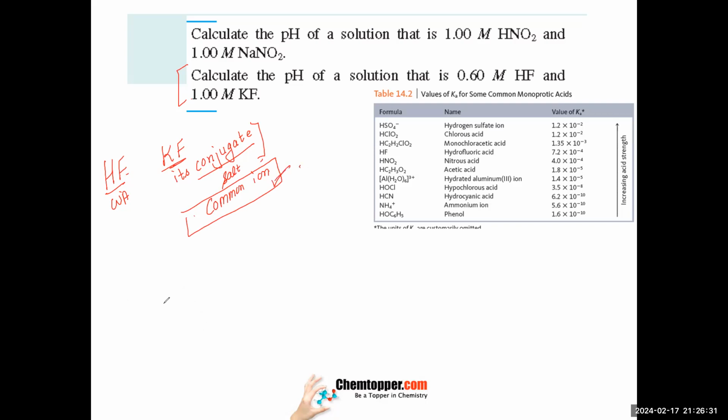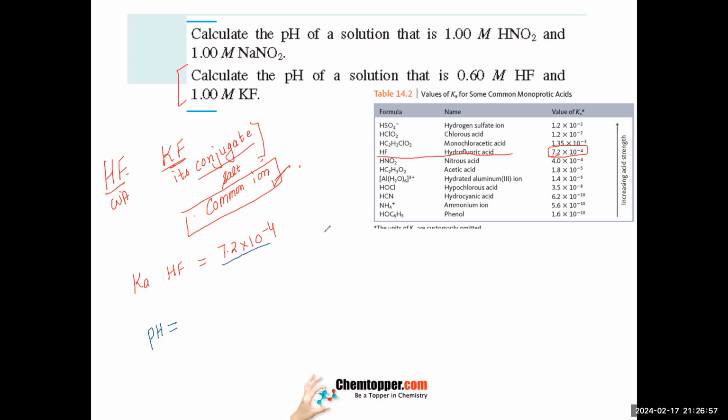So can I use Henderson? And you can see Ka is given. Ka for HF is 7.2 times 10 raised to power minus 4. Now let's use Henderson. pH equals pKa.